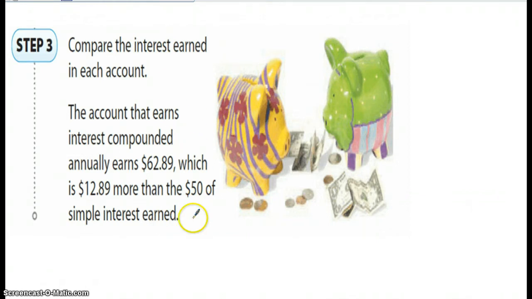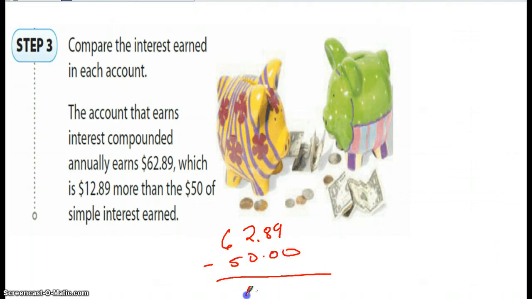We knew that we had 50, so we just take 62.89 minus 50, and that's going to give us $12.89. So that's the difference. Okay, so for the example we compared, we see that compound interest indeed earns the most money.